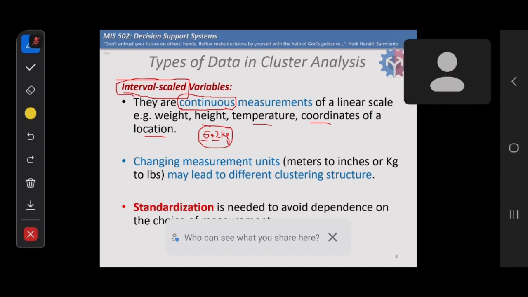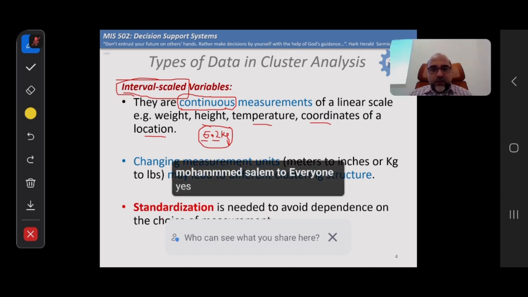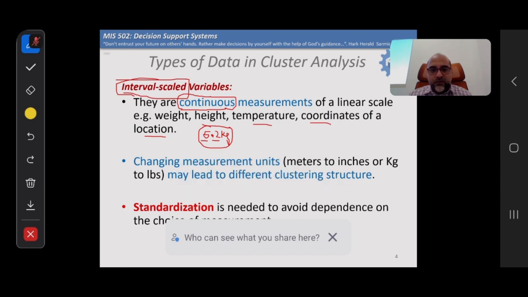Yes. Okay. Now, one of the things I would like to mention is that if you're dealing with interval scale variables, just something very small to begin with, let me talk about two measures: height in centimeters and weight in kilograms.